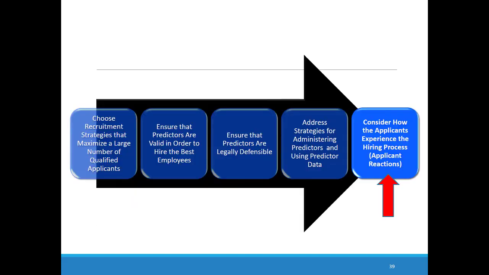Okay, so we are now on the last part of our conversation about strategies and strategic implementation of selection procedures, and that is considering how the applicants experience the hiring process.